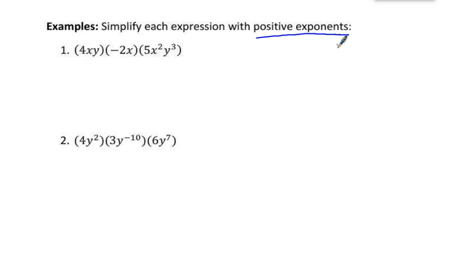Example 1. 4xy times negative 2x times 5x squared y cubed. Only multiplication is taking place here, so we can go ahead and multiply the coefficients. 5 times negative 2 is negative 10 times 4, negative 40.